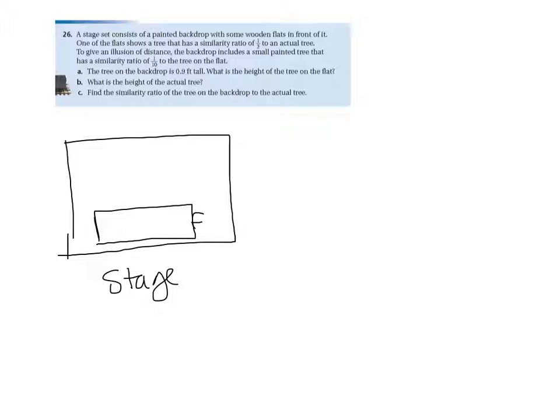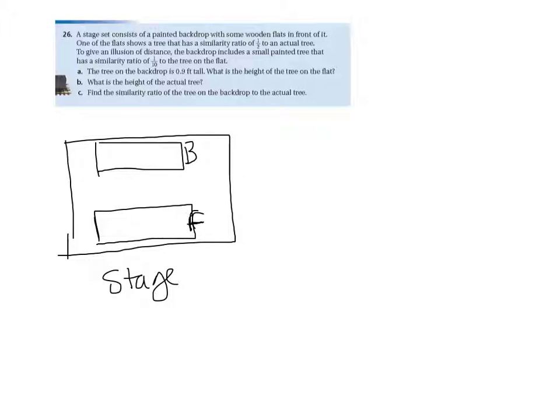And then one of the flats shows a tree that has a similarity ratio of a half to an actual tree. To give an illusion of distance, the backdrop includes a small painted tree that has a similarity ratio of 1 to 10. I'm going to call this the backdrop. So we've got one of the flats in the front here.